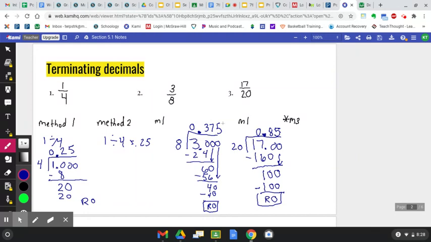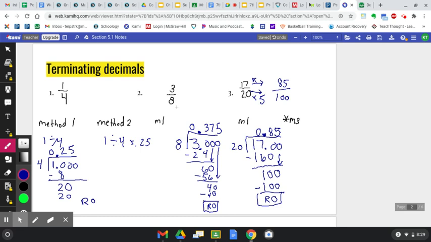So, for example, I know that if I multiply 20 times 5, I get 100, right? Well, if I multiply 17 by 5, I get 85, right? And 85 out of 100, 85%, right, is 0.85.